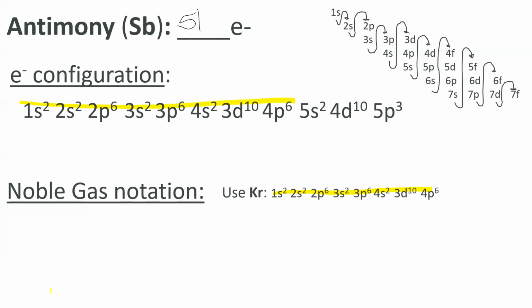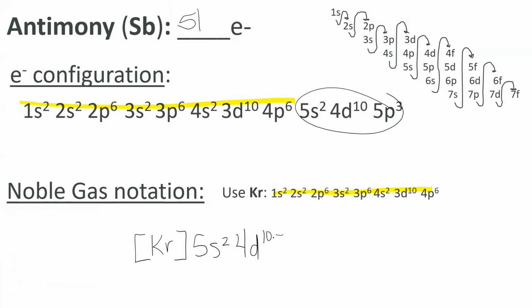So that's taken care of by the bracket. So I put krypton in the bracket, and then I just write the rest. 5s2, 4d10, 5p3. And I check my numbers. Krypton has 36, 37, 38, 48, 49, 50, 51.